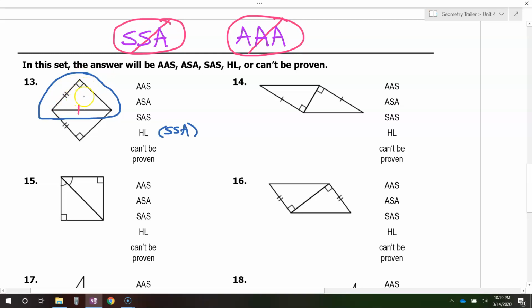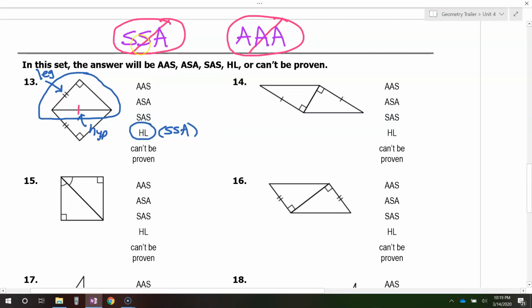So because this is a right triangle, then this is the hypotenuse right here. This mark represents the hypotenuse, and any other side is called a leg. So we have a hypotenuse and a leg. So this will actually be hypotenuse leg.